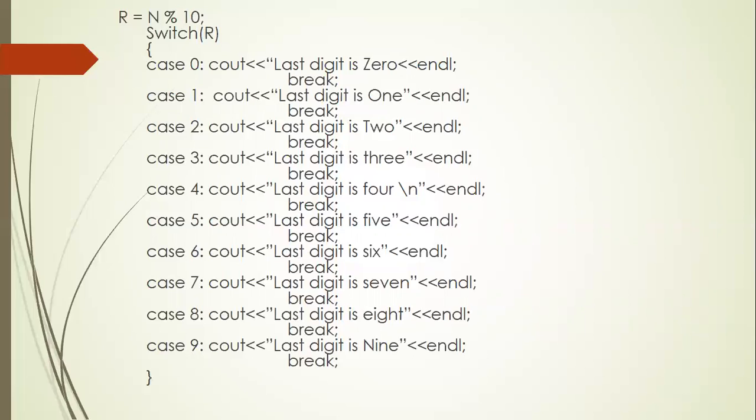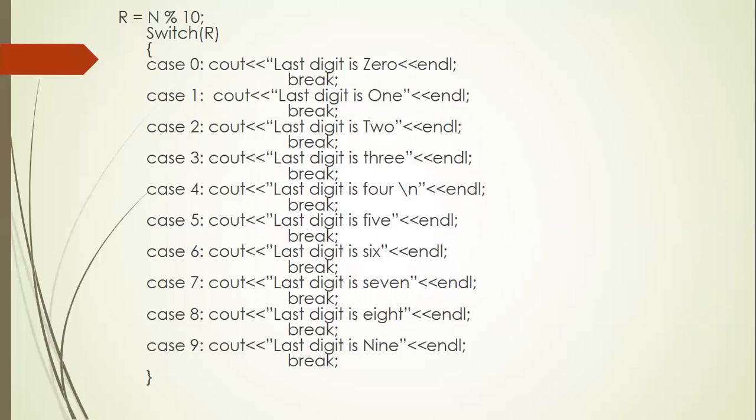In the next execution, if you give the value of n equal to 123, when divided by 10 the remainder is 3. So the r value will be 3. In that case, it matches the fourth label, that is case 3, and prints the output as 'Last digit is 3'.